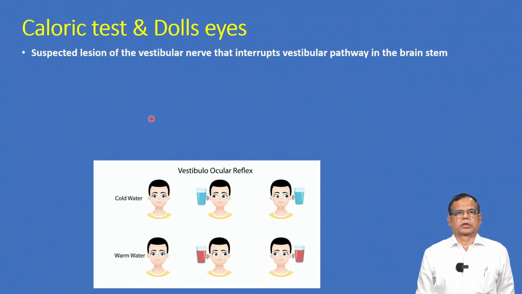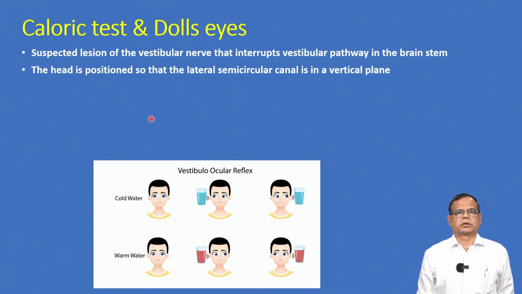That is the application of this vestibulo-ocular reflex: the caloric test. The caloric test detects the integrity of the vestibulo-ocular reflex or the fibers coming from the cerebral cortex. In the caloric test, what is done?